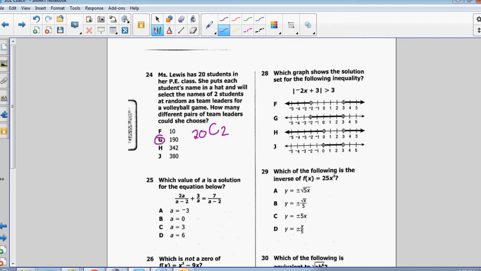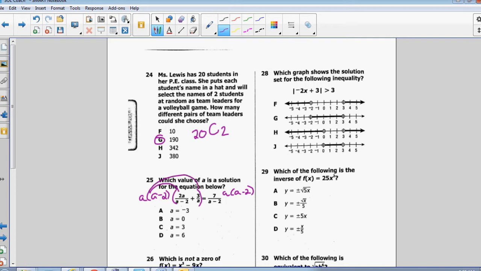In problem 25, you want to multiply both sides by the denominators so that you can eliminate the denominators, and you're allowed to do that because you did the same thing on the left as you did on the right. So on the left side, we're multiplying times a and times a minus 2, and on the right side, you're multiplying times a and times a minus 2. So we have to distribute this to each of these.